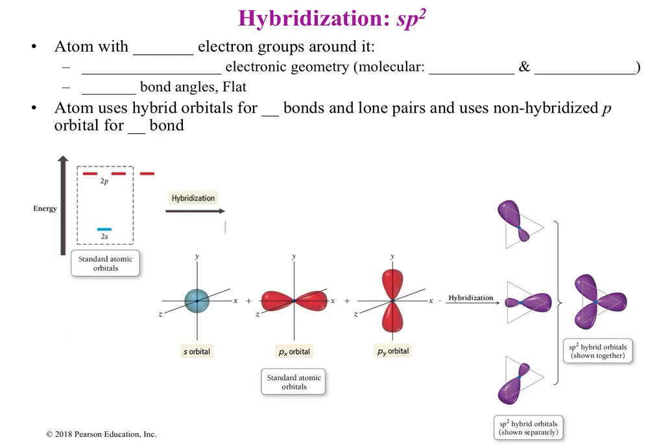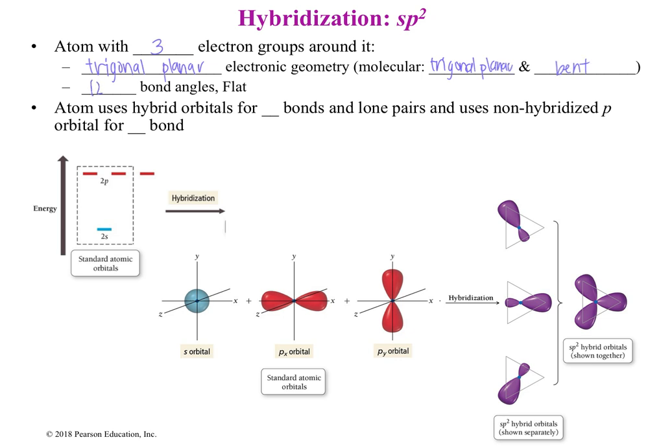Next we have sp2. So these are the types of central atoms that have 3 electron groups on them. They have trigonal-planar electronic geometry, and are trigonal-planar and bent molecular geometry or shapes.